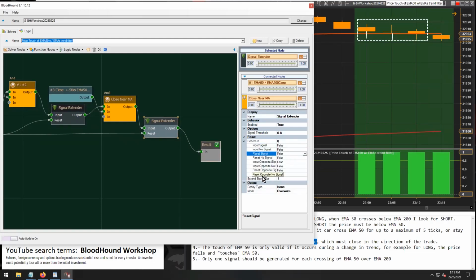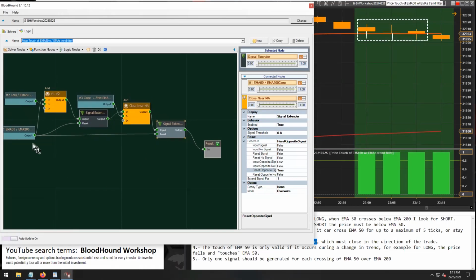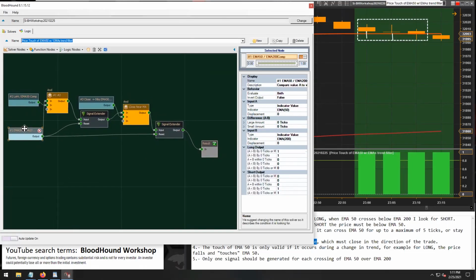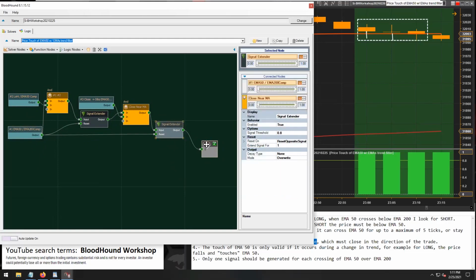And again, we're going to use the reset opposite signal. So we have a reset connection going in here. If this trend filter reverses directions, it's going to turn off our signal extender.